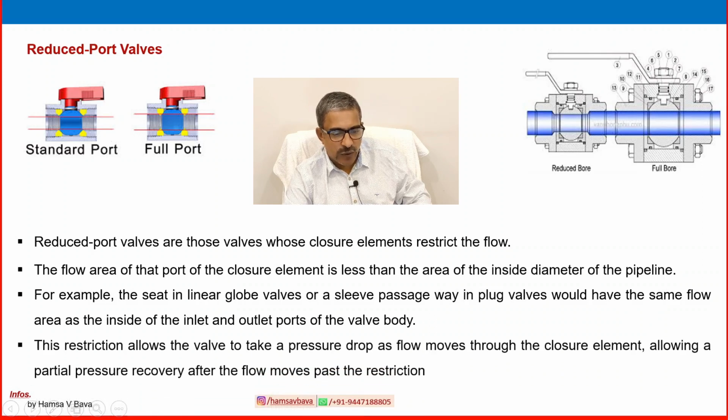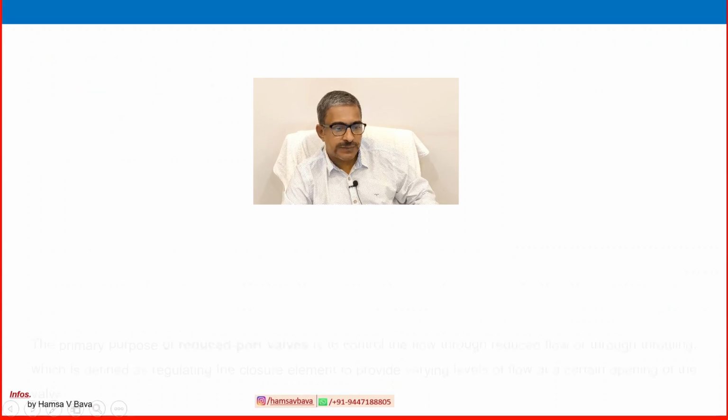This restriction allows the valve to take a pressure drop as flow moves through the closer element, allowing a partial pressure recovery after the flow moves past the restriction. So this is the concept of reduced port valves.